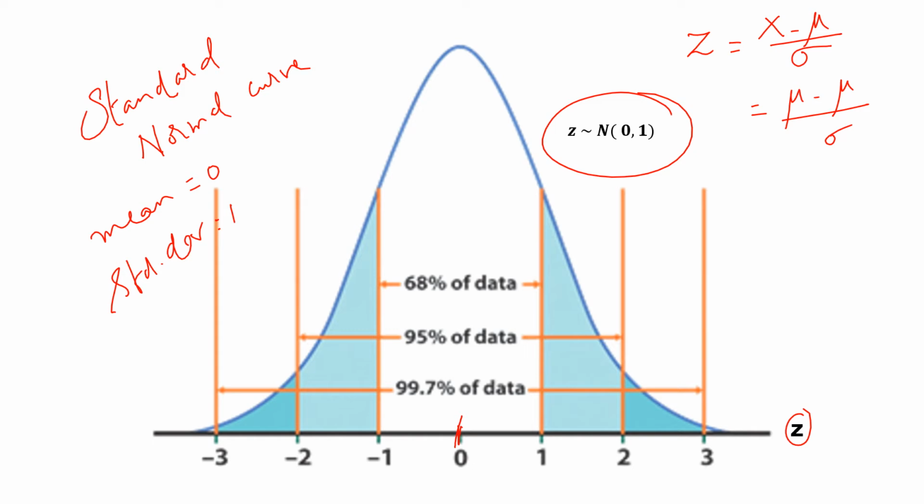All other properties of the normal distribution will follow here. That is, 68% lie between -1 and +1, 95% lie between -2 and +2, and 99.7% lie between -3 and +3, because mu plus 1 sigma becomes 1, mu plus 2 sigma becomes 2, and mu plus 3 sigma becomes 3 here.